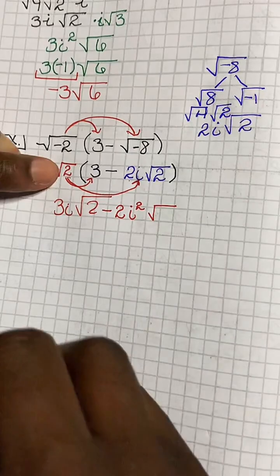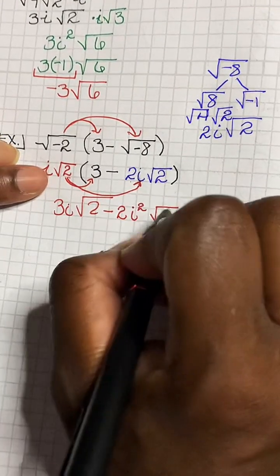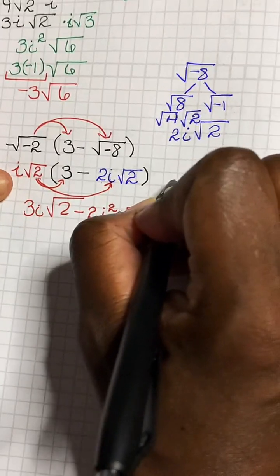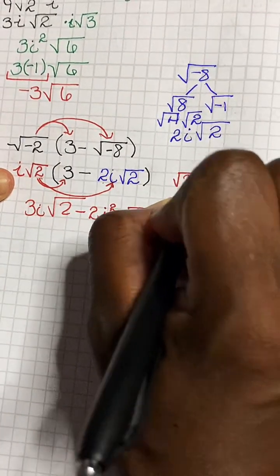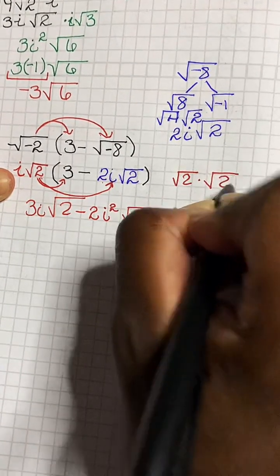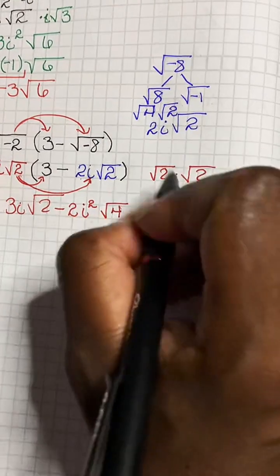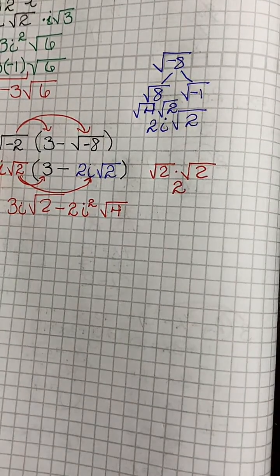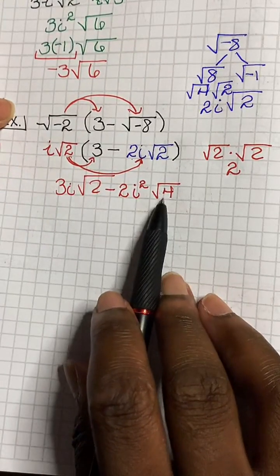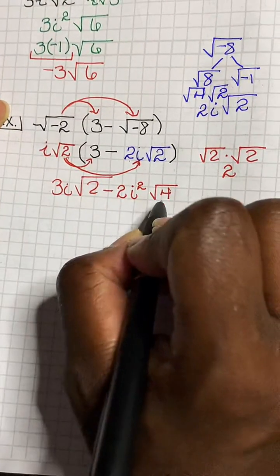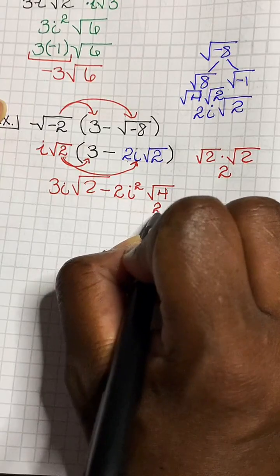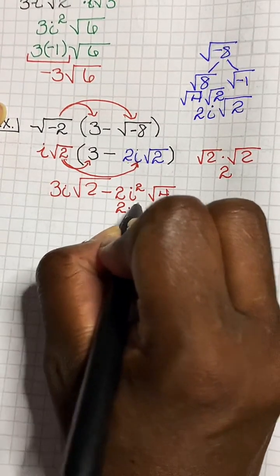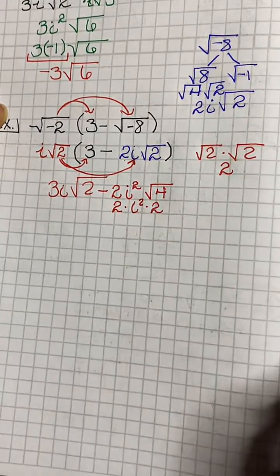So now, square root of 2 times square root of 2, that can give us a square root of 4. But if you remember, if you have 2 of the same radical, your answer is going to be the radicand itself. This square root of 4 is going to turn to a 2. So now you got 2 times i squared times 2.